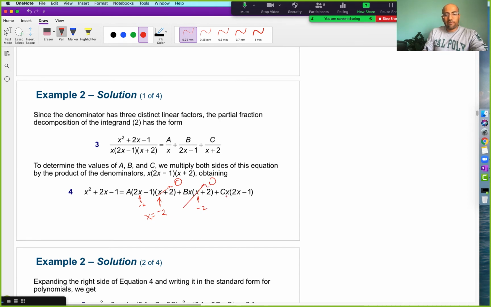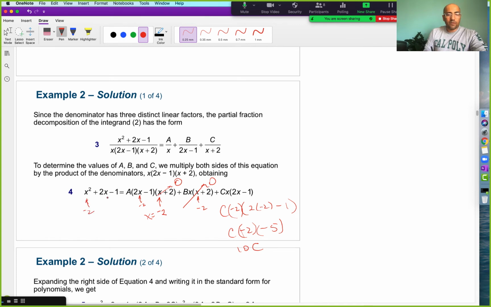And so we'll be left with -2 times (2 times -2 minus 1) times C. That kind of messy thing. So this is -4 minus 1 becomes -5, times -2, times -2, times C. So that gives you 10C on the right-hand side. And on the left-hand side, same thing.